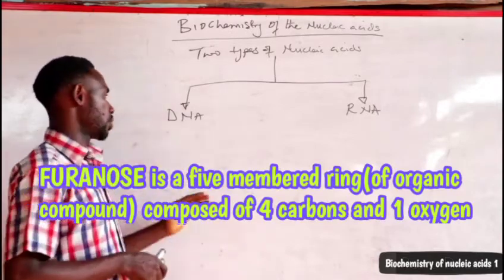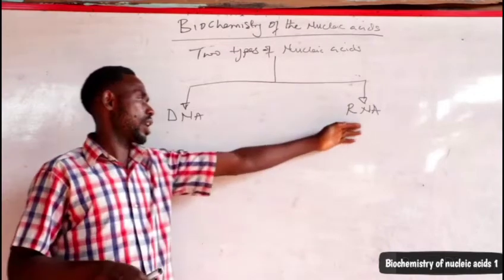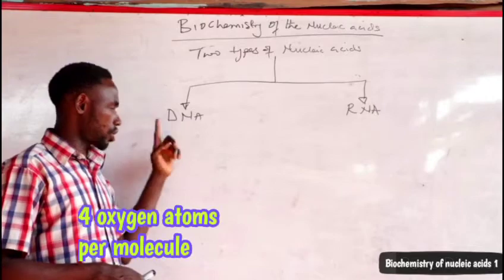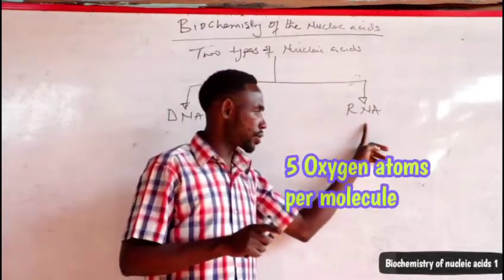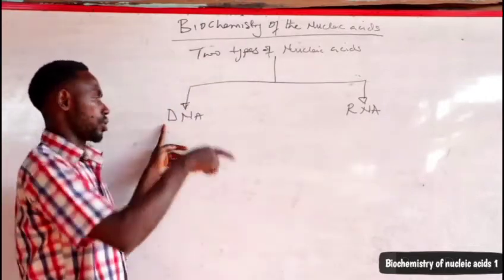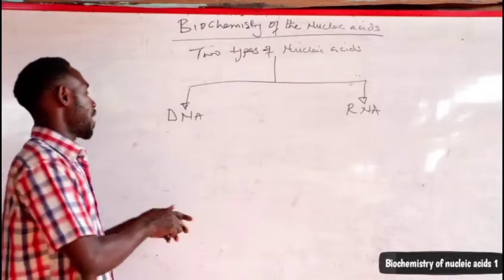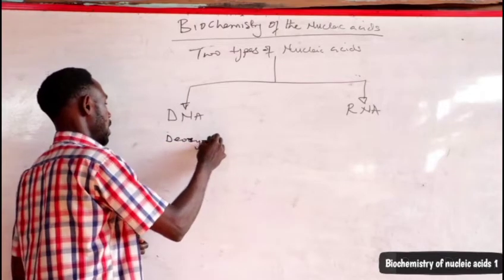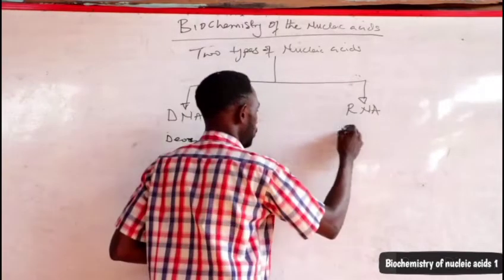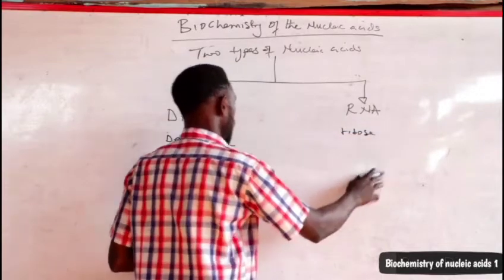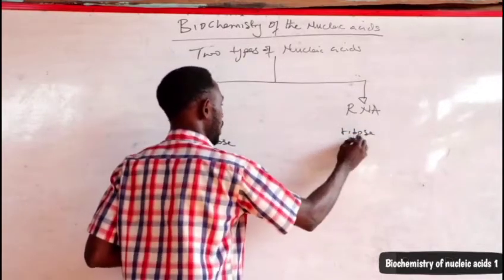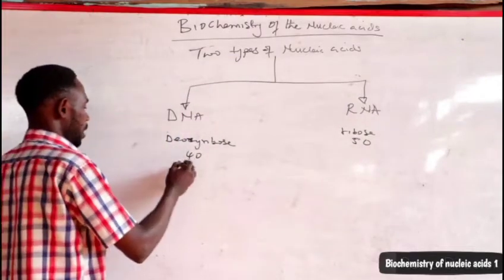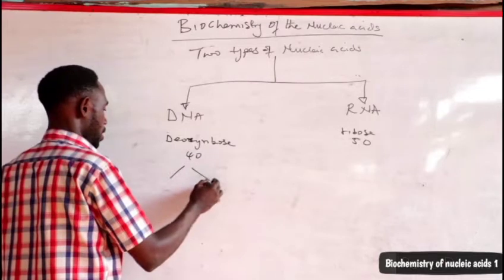Just know that this one has one oxygen less, this one has one oxygen more. Hence the sugar here is called deoxyribose, and the sugar here is called ribose sugar. So from the sugar level, we will see the differences there.